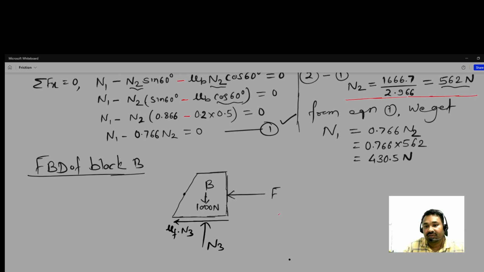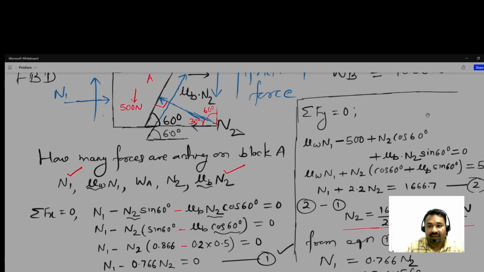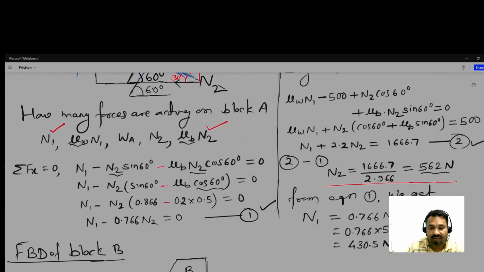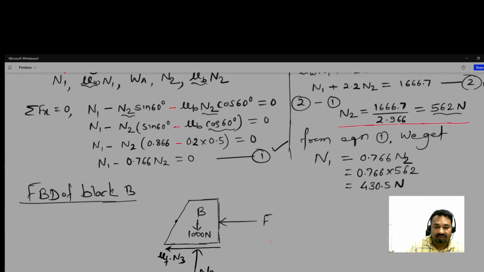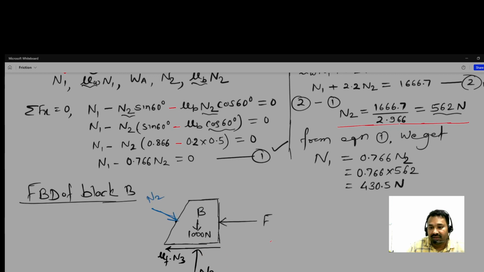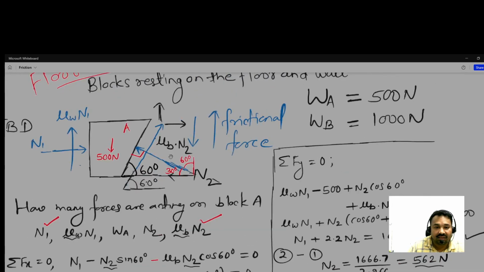And what about here at this? With the help of the free body diagram of A, this N2 is now in the opposite direction. N2 is in the opposite direction but perpendicular to this plane, and just opposite to it we have to take the frictional force.